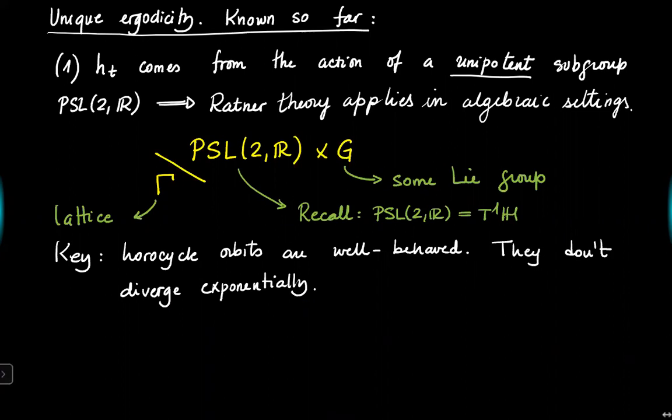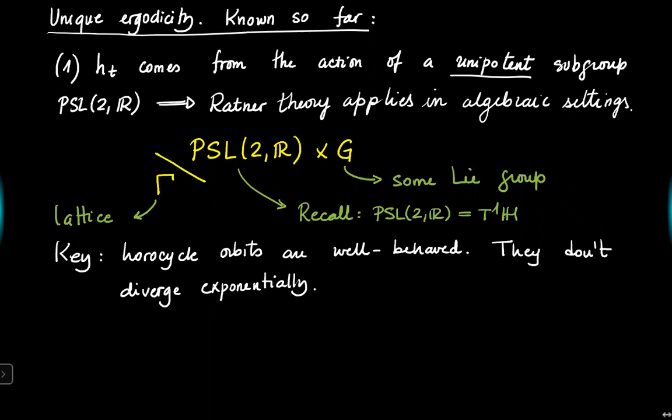So since there is this algebraic interpretation of the horocycle flow on surfaces, in fact, this flow comes from the action of a unipotent subgroup of PSL2R. Even in the case of foliations, you can reframe the problem in this setting.